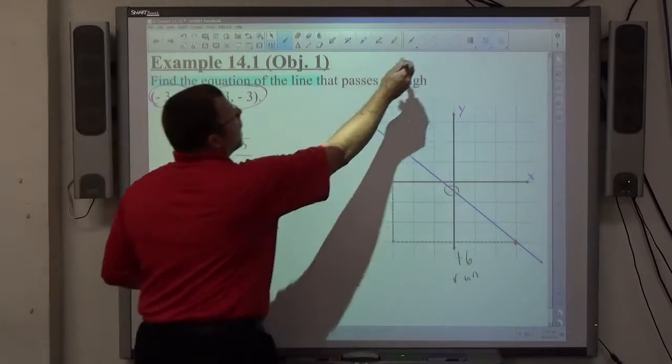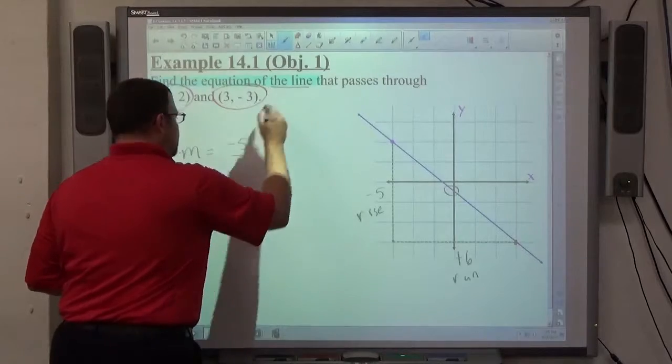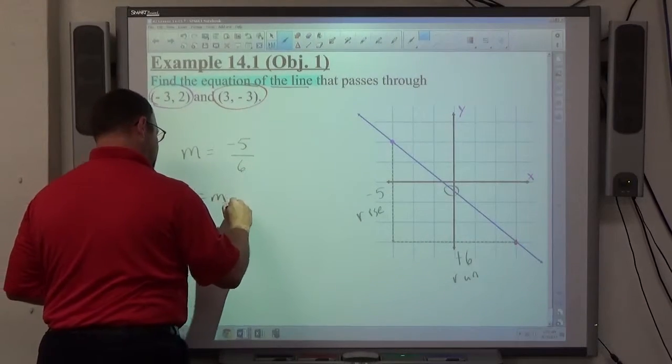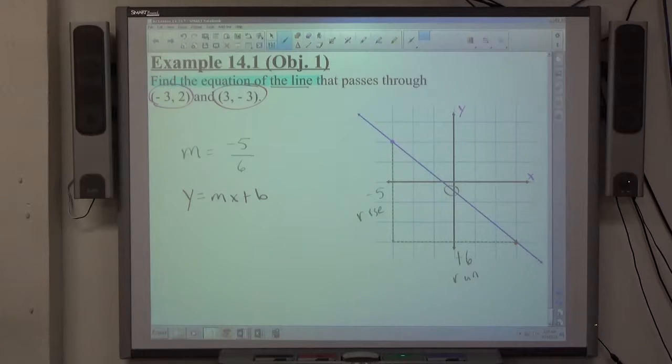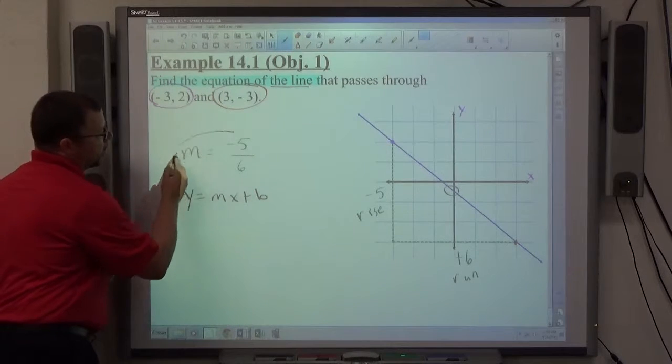All right? Every line in existence fits into the y = mx + b model. 4 variables in the model. y and x are the variables x and y that are going to be in our final answer. m and b are the slope and the y-intercept. All right? So I know what the slope is.